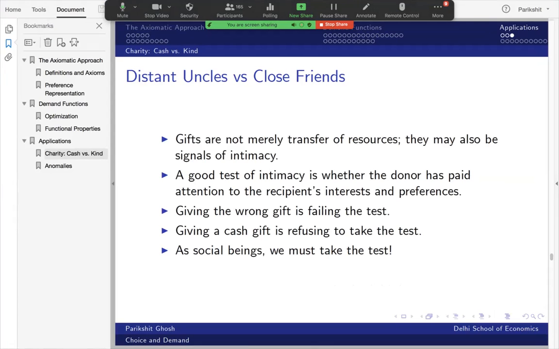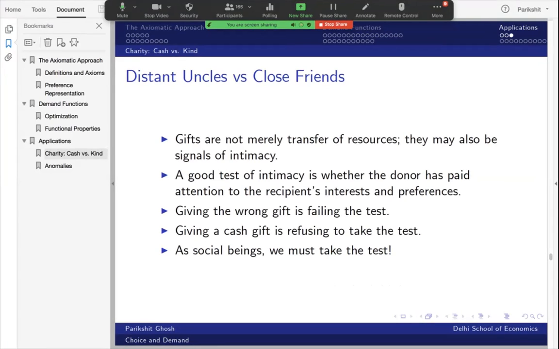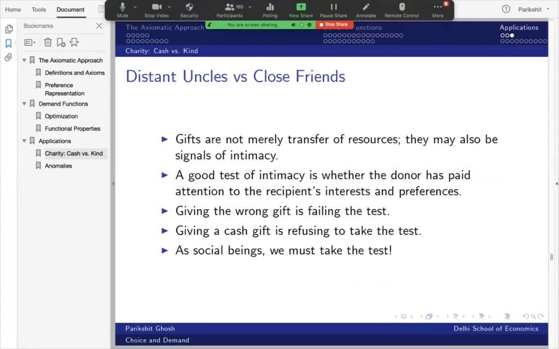So I'll tell you my interpretation of this clip. There's one very significant comment which appears twice in the clip. Both Elaine and the other friend Kramer say, "Why have you given her cash? Are you her uncle?"